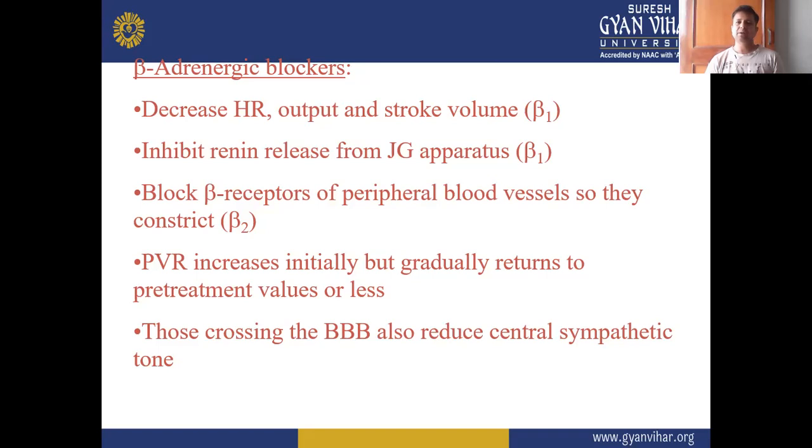By blocking beta 2 receptors, peripheral vascular resistance increases initially but gradually returns to pre-treatment values or less.